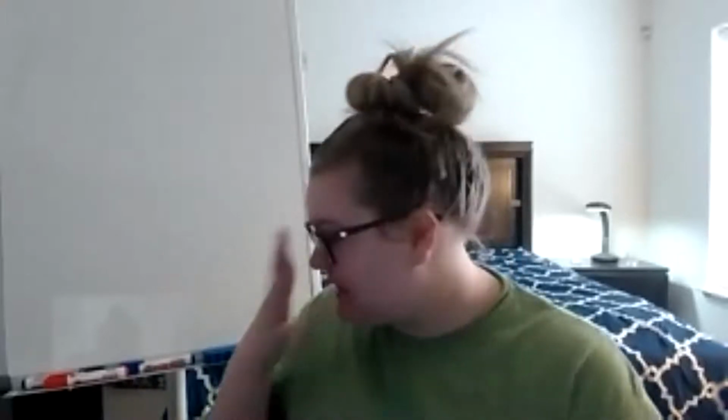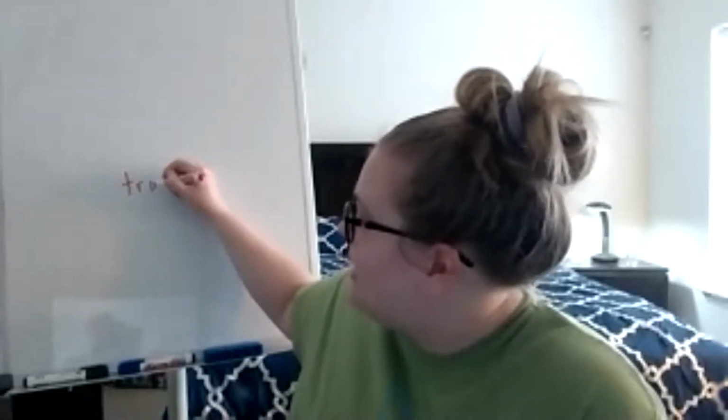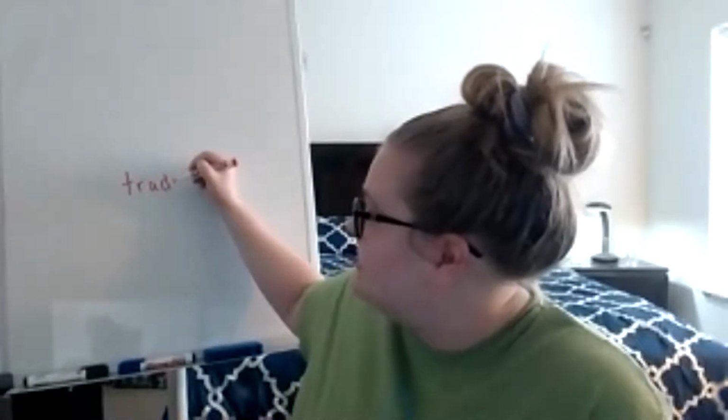So your parent or adult that's doing this with you is going to say, for example, the first one is trade. You would then say trade. T-r-a-d. Trade. And then you're going to try and spell it. Listen to those sounds. You said t-r-a-d.